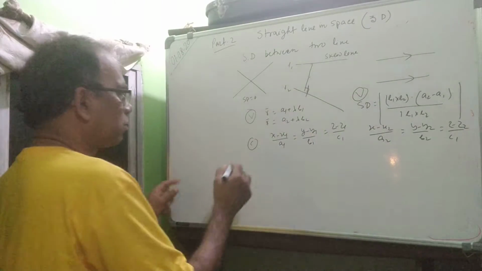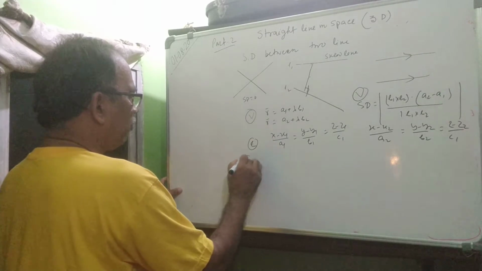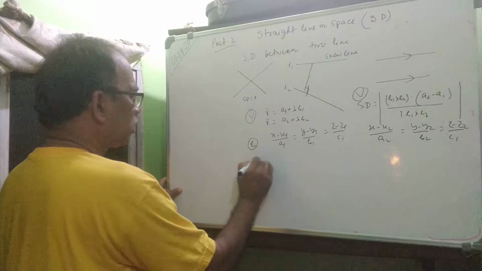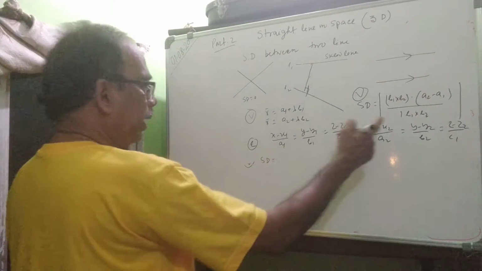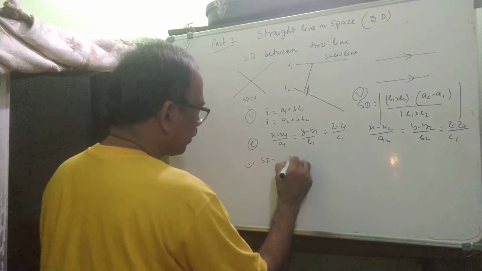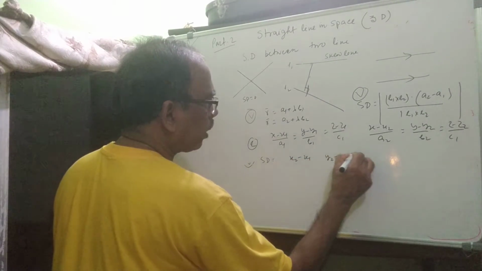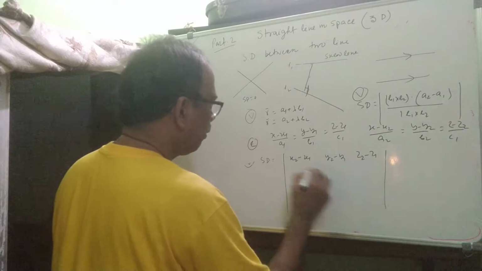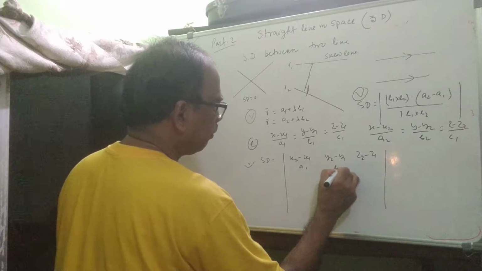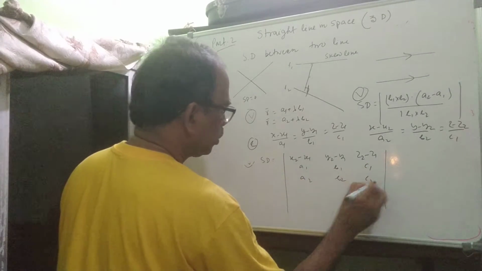Now we are going to explain the Cartesian form, with the determinant of x2 - x1, y2 - y1, z2 - z1, a1, b1, c1, a2, b2, c2.